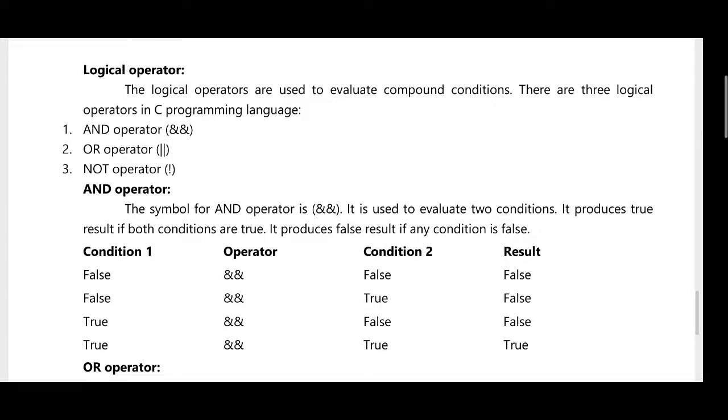Next one is the logical operator. Logical operators are used to evaluate compound conditions. There are 3 logical operators in C programming language: AND operator, OR operator, NOT operator.